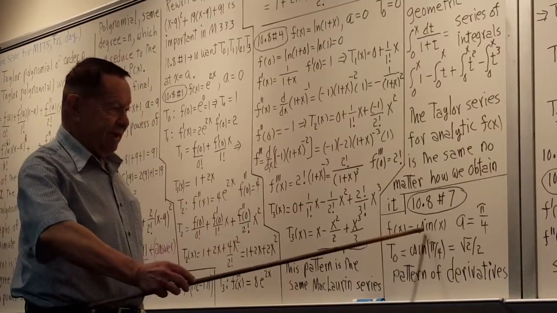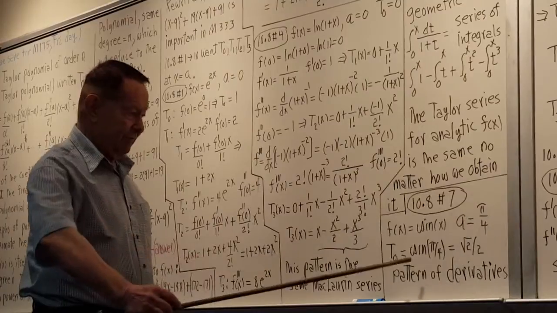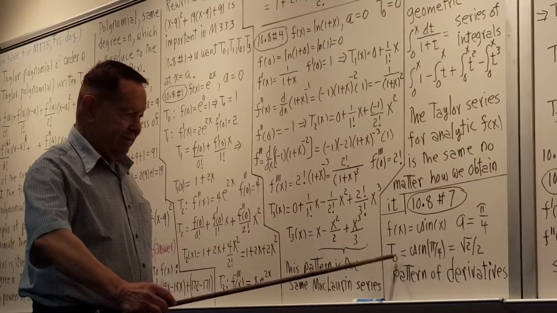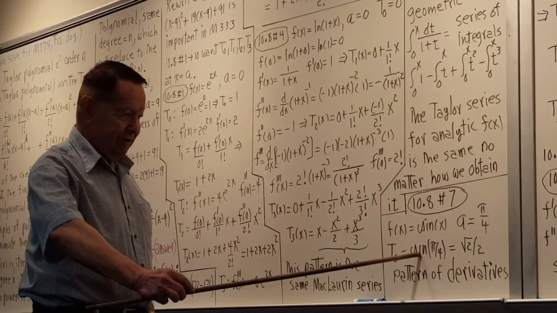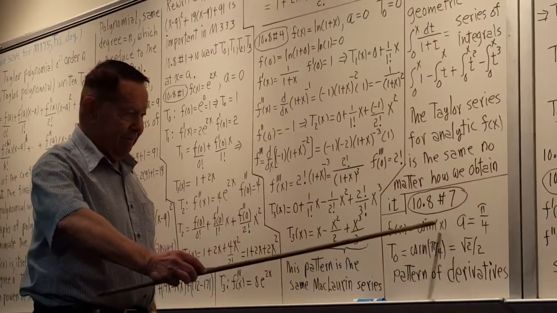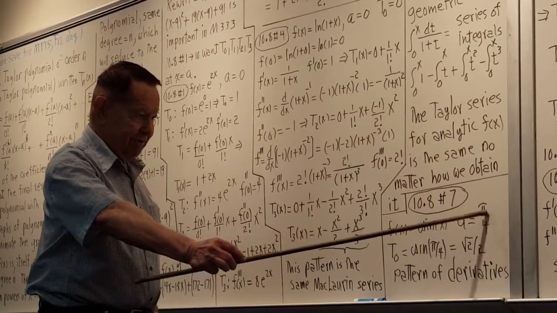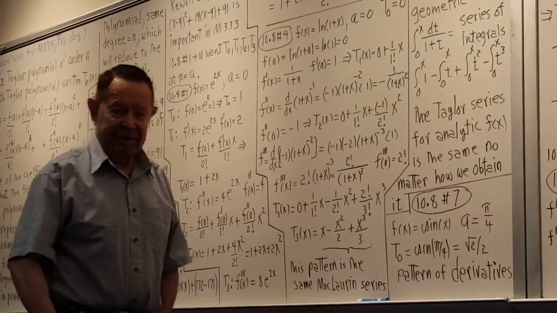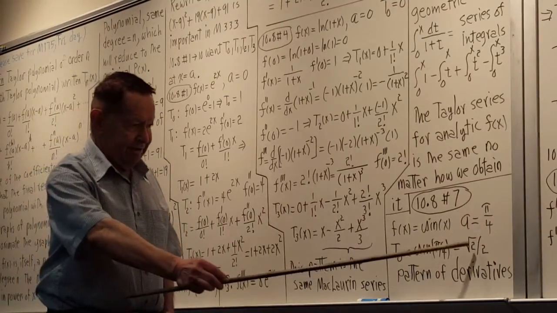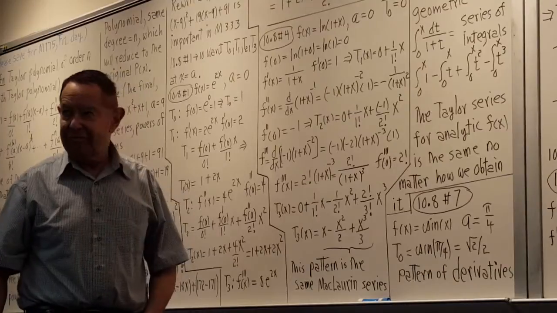So f is sine x and a is pi over 4. So t0 then would be just your f of 0. Well, no, it's not f of 0 now, it's f of a, which is f of pi over 4, and that's root 2 over 2.